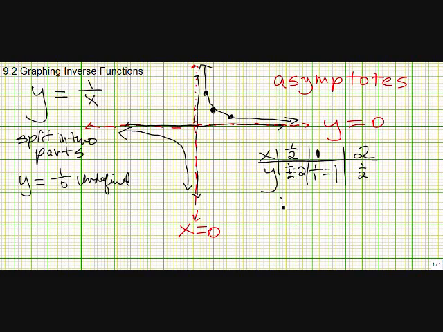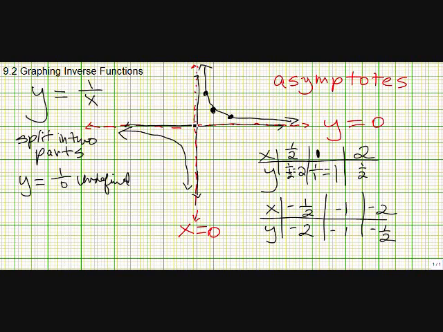Now I'm going to graph the lower half, and you may get to where you can just reflect and not have to actually make the table for these points, but we'll start off making the table. So for this one, I'll use essentially the same points, but we'll just go on the negative side of the axis. So I'll use negative 1/2, negative 1, and negative 2. 1 over negative 1/2, that's negative 2. 1 over negative 1, that's negative 1. And 1 over negative 2, that's negative 1/2.